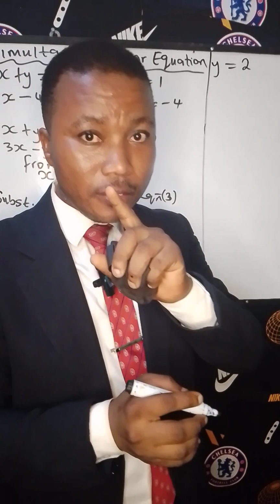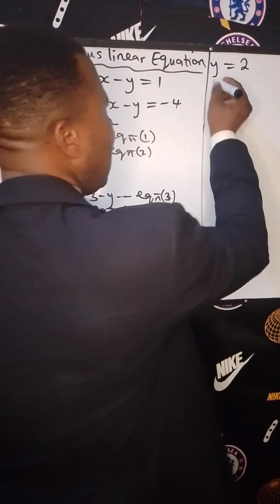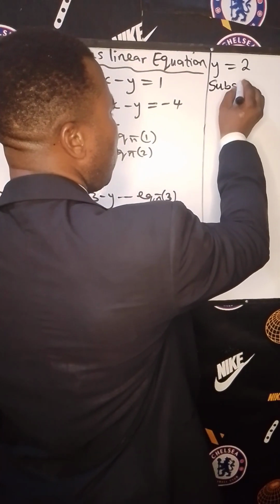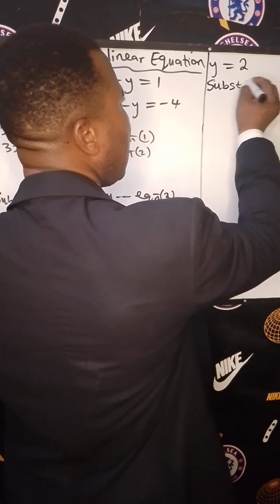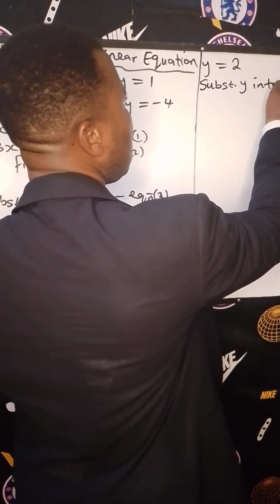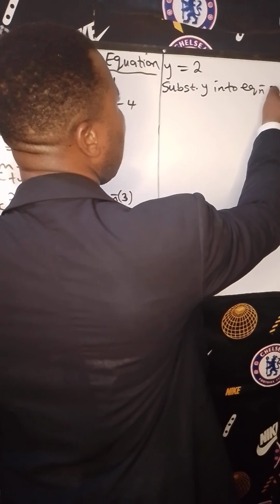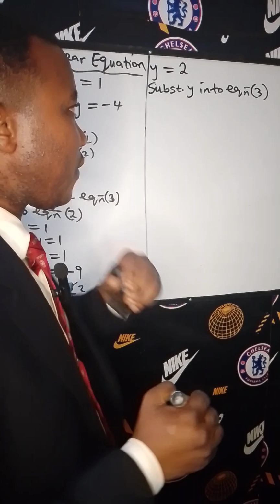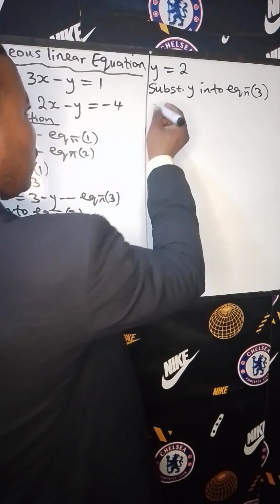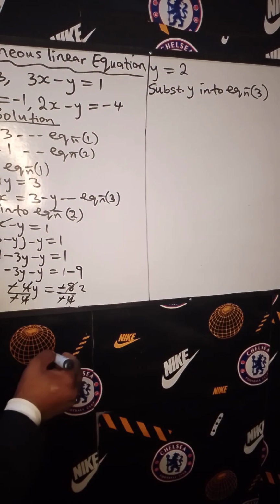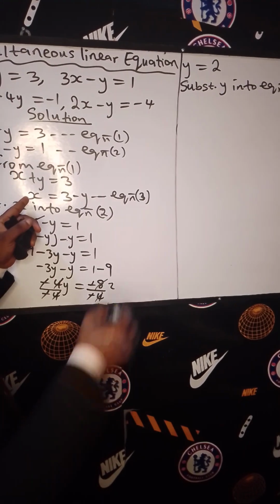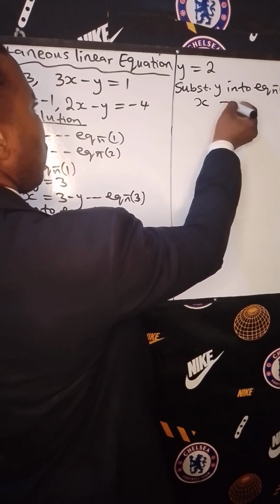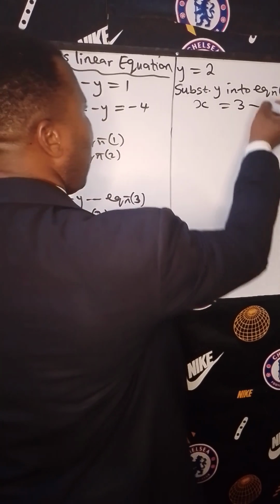We now look for the value of x by substituting this y into equation 3. We can use equation 3 or we use equation 1. We'll arrive at the same answer. Okay, so equation 3, which is x is equal to 3 minus y.